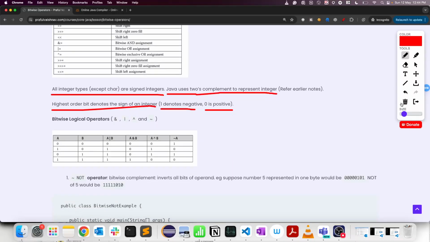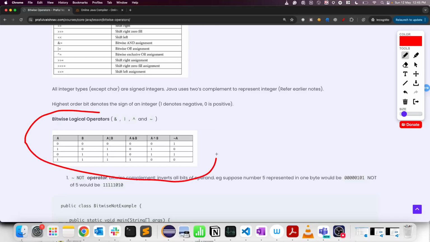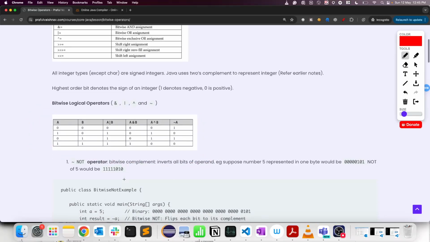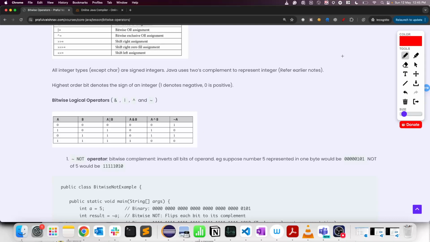In our college, we have already studied the bitwise logical operators AND, OR, NOT. Let's quickly go through what they mean. With bitwise operators, everything is 0 and 1. Suppose one operand's bit is 0 and the second operand's bit is 1. There are different operations on these two bits. There is an operation called OR, A or B. What does A or B mean?